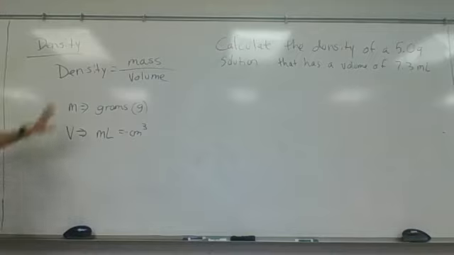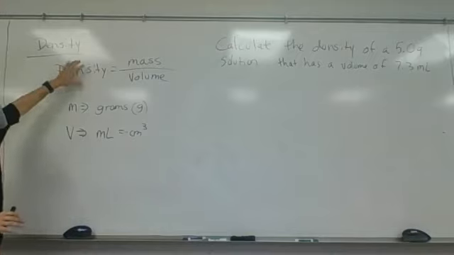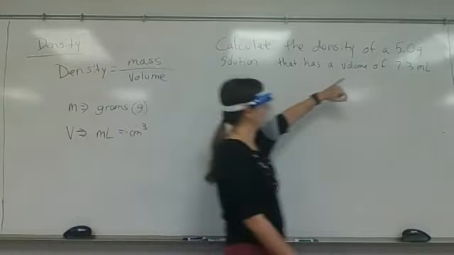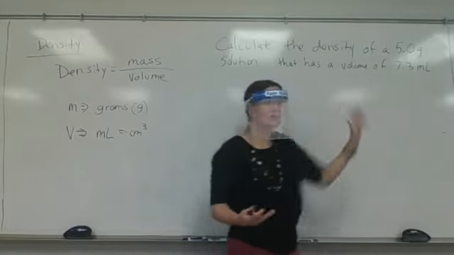It's asking you to calculate density, the D. Okay, what you need to do with the two numbers in here is figure out what's what. One's the mass, one's the volume.